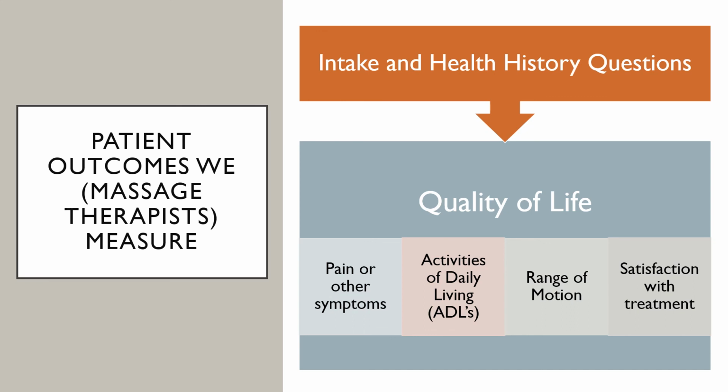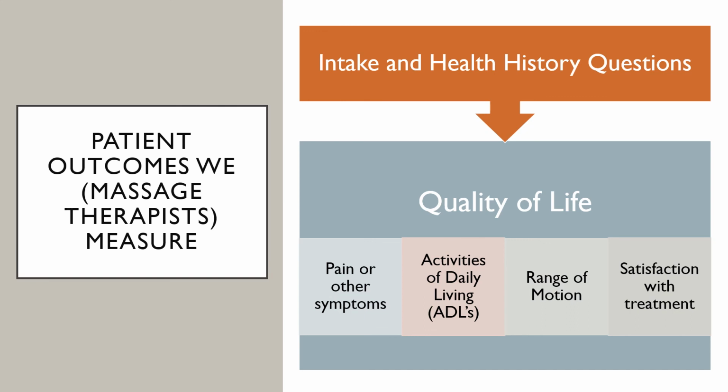So give me an idea, baseline, what's going on with your pain, your activities of daily living, range of motion, and your satisfaction. Then you can ask again at the end of the session, or in a couple of weeks, based on whatever you've decided for the long-term treatment plan, but sticking with those same tools.